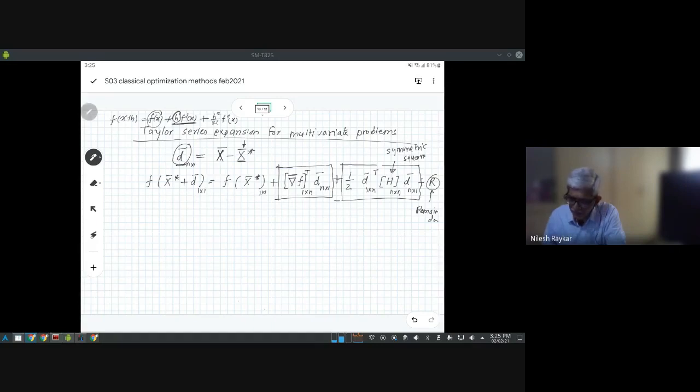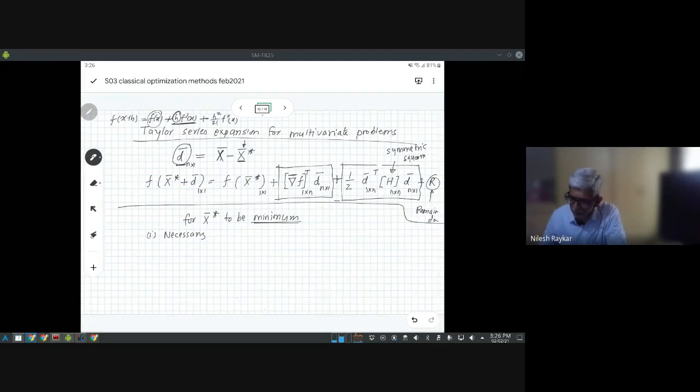So in order for x bar star to be minimum, the first condition we must have is the necessary condition. The Taylor series expansion ends here. Next we start the optimization conditions based on this discussion.